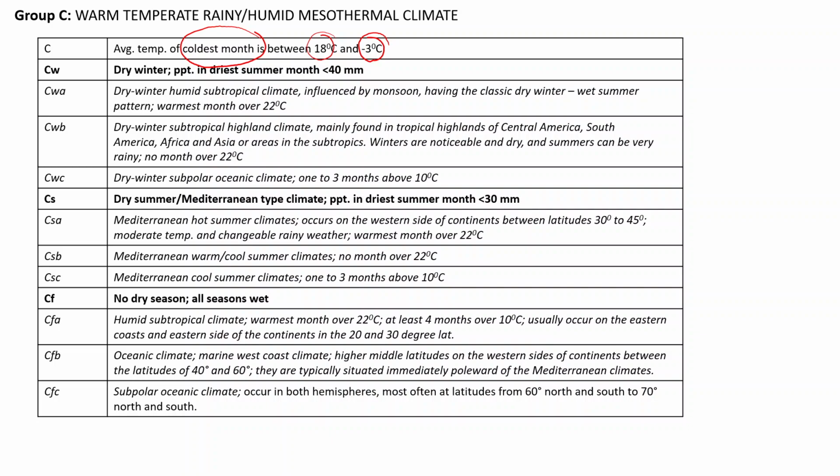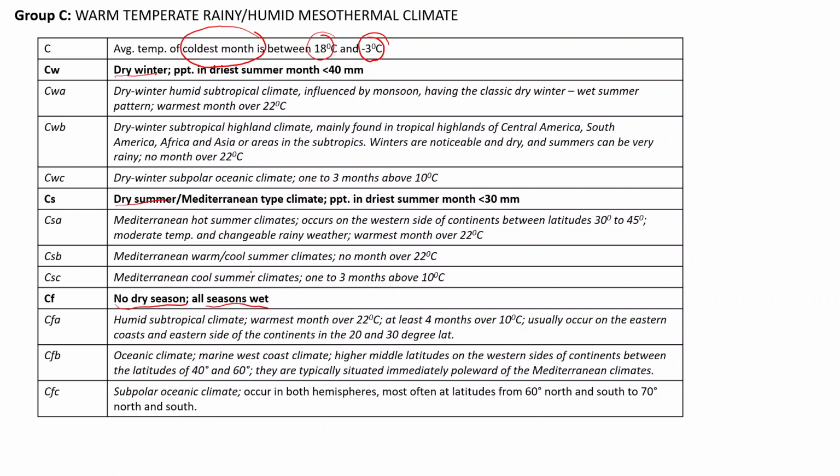As I had previously discussed, for group C the second alphabet is of three types. W stands for dry winter. Then S, CS, is dry summer. And CF is all seasons wet.